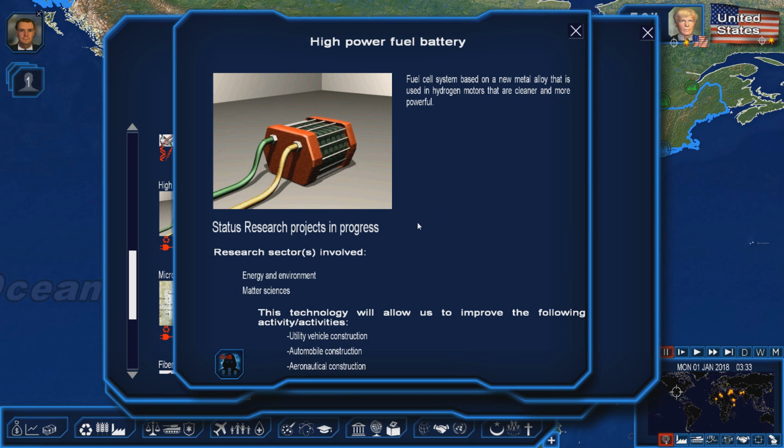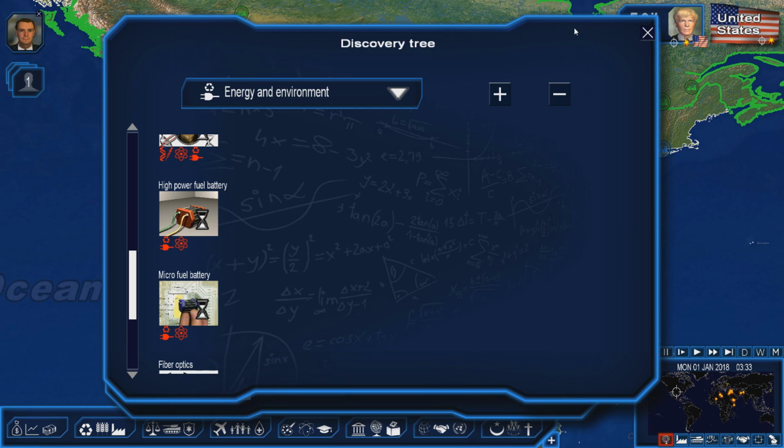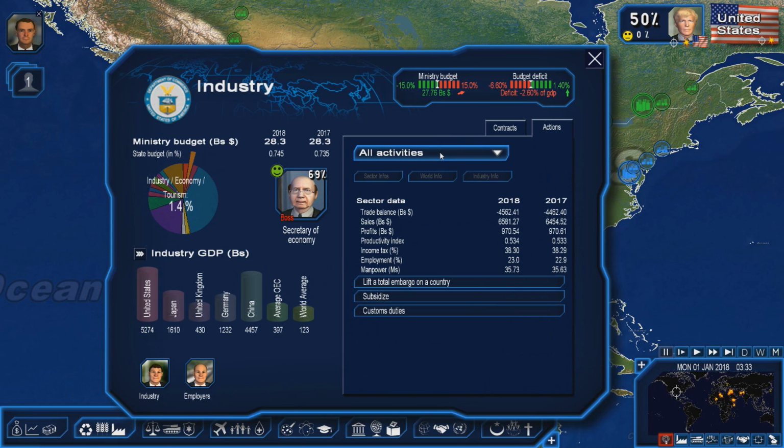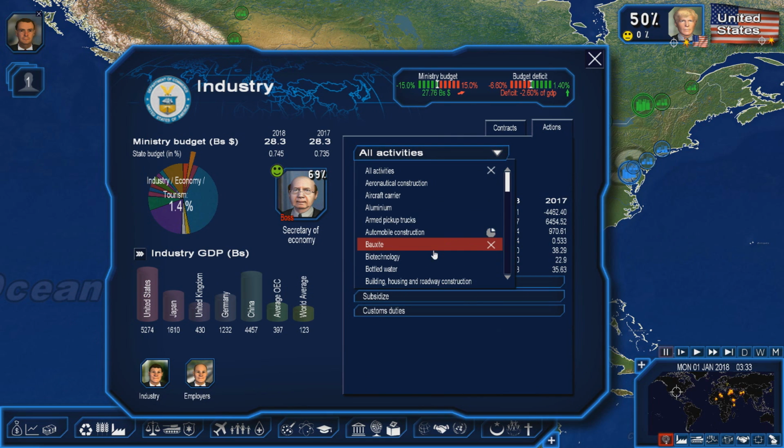Basically this increases the production, sales, and profits of the following activities: utility vehicle construction, automobile construction, and aeronautical construction. So technological advancements actually help you a lot in those kinds of sectors.